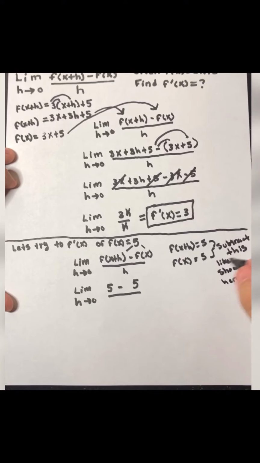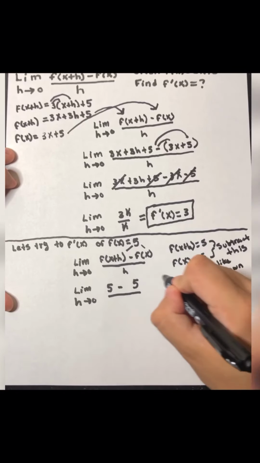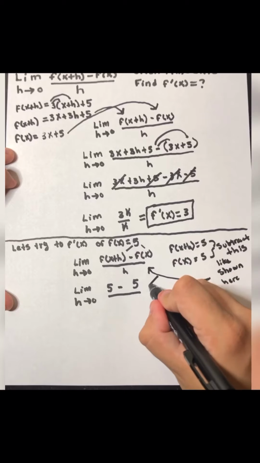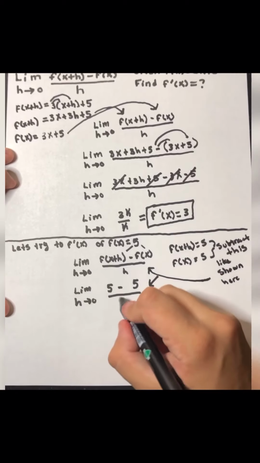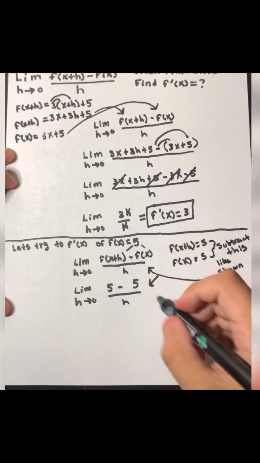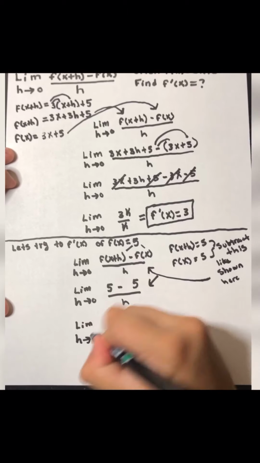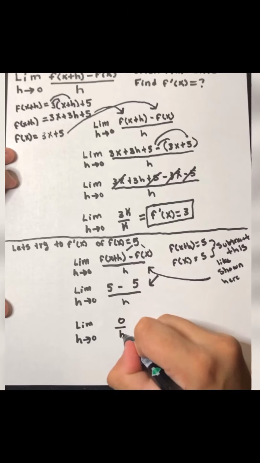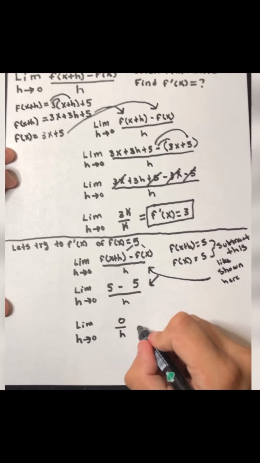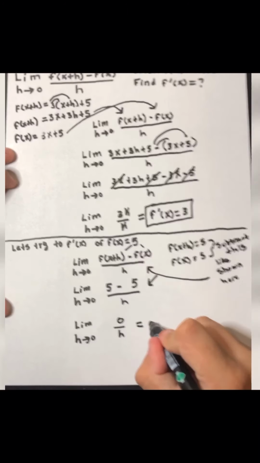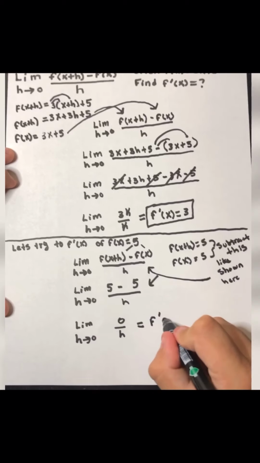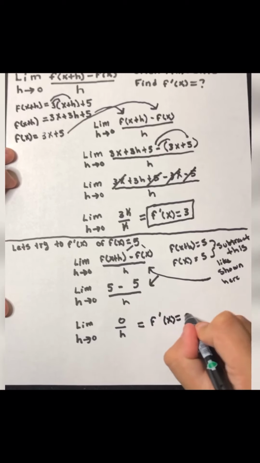Now we can bring down the h, and 5 minus 5, so let's do that. We know that that's going to be 0 over h. Now f prime of x will equal 0.